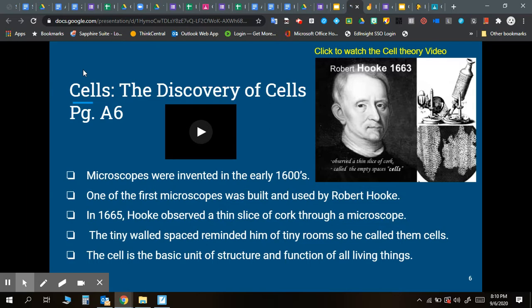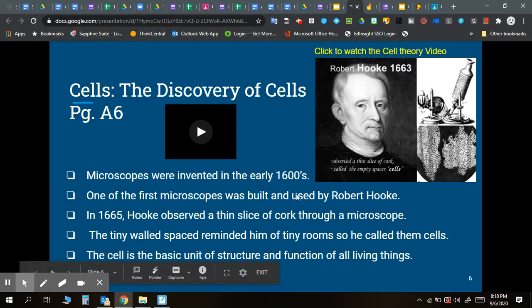The discovery of cells was the first part of page A6. Microscopes were invented in the early 1600s. One of the first microscopes was built and used by Robert Hooke. In 1665, Hooke observed a thin slice of cork through a microscope.